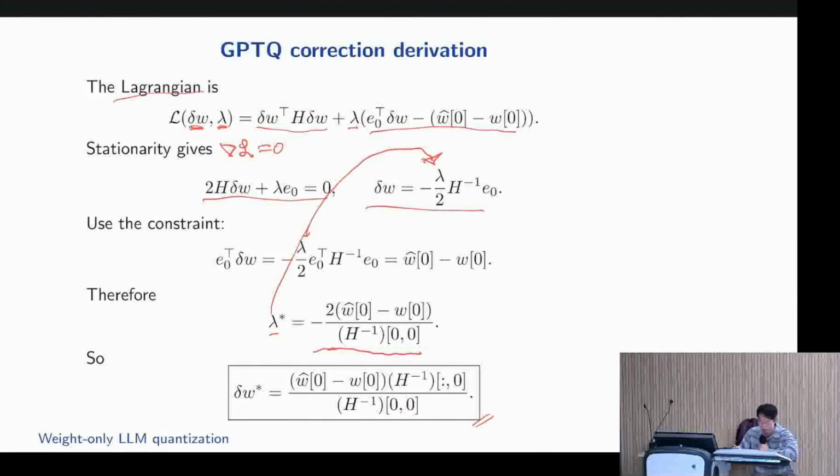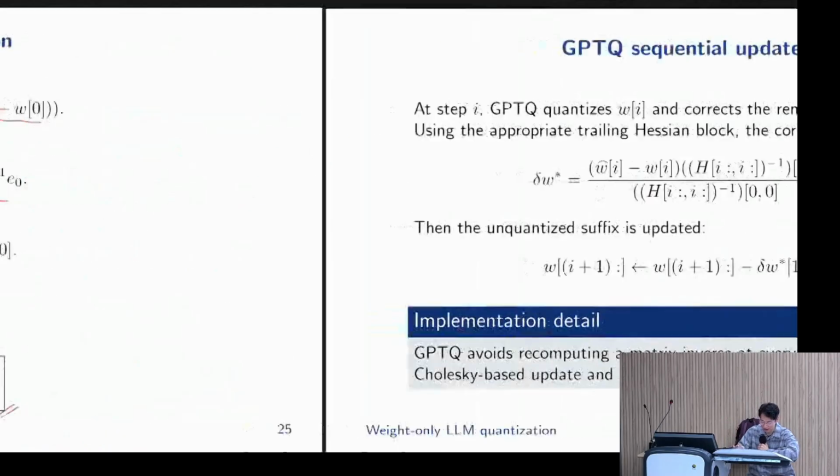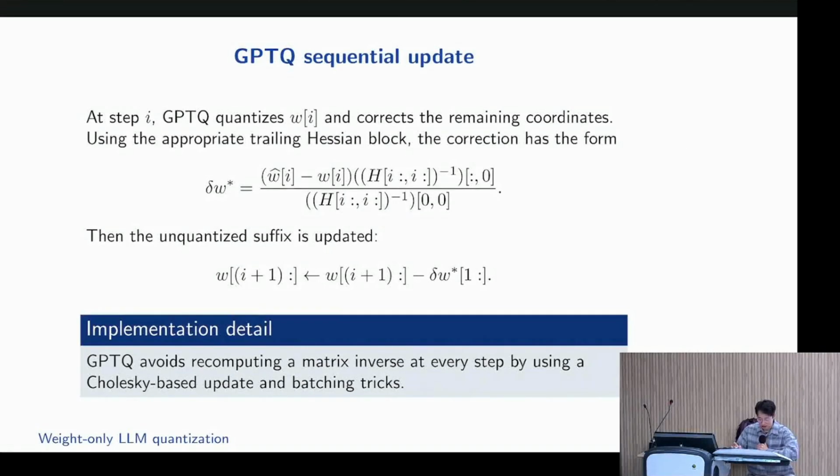All right, so it seems like we have an algorithm now. If the first entry in the vector variable is fixed, we have a way to find the optimal deltas from dimension 2 all the way to dimension n. So the algorithm would be to fix one coordinate at a time. At step 0, we quantize the first coordinate, and that gives us an update for the rest of the entries.